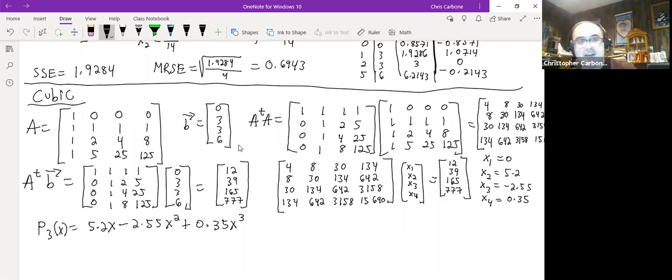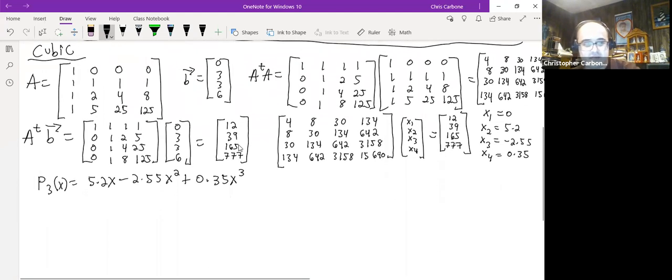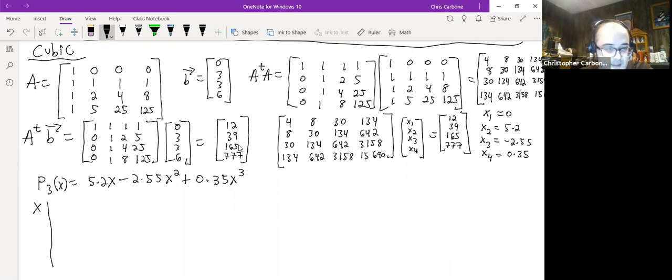Now, there's going to be something very nice when we look at the error terms for this, but let me just scroll that down a little bit more so I have some room to write that. So the table that we're going to make, again, we're going to have the values from the points x and y. We're going to use the values from our cubic polynomial of best fit, and of course the error terms, which once again will be calculated as the y values minus whatever the predicted values are from our equation.